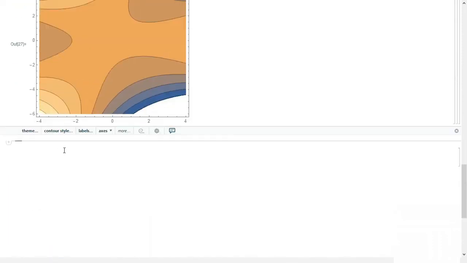Now we will take a look at another example of implicit differentiation. Let's say I have this expression: y sine 2x equals x cos 2y.